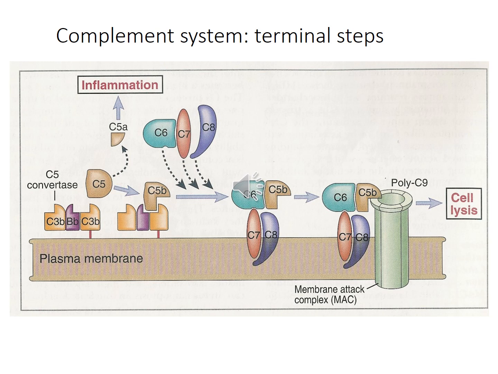And then C5 is cleaved into C5a and C5b. Once C5b is attached to the convertase, C6, C7, C8 are recruited. Together with C5b, C9 will itself be the heart of the pore of the MAC.